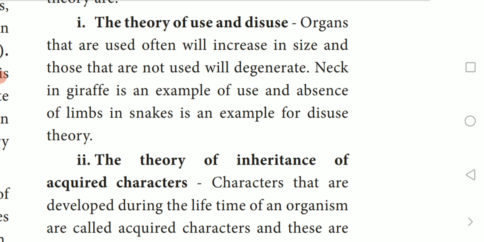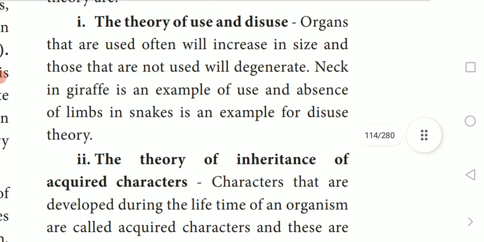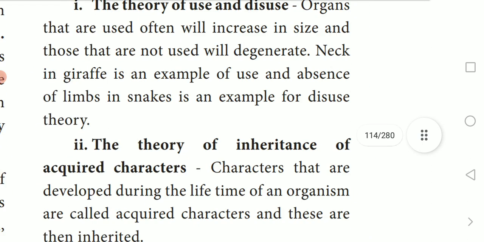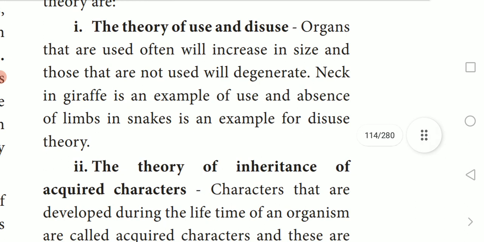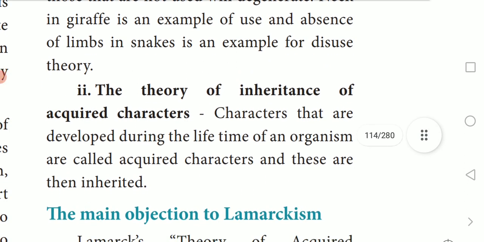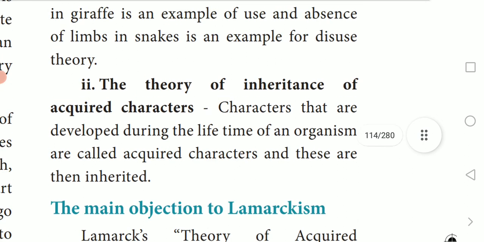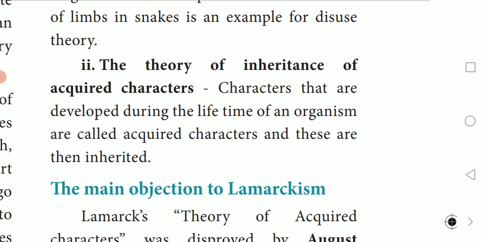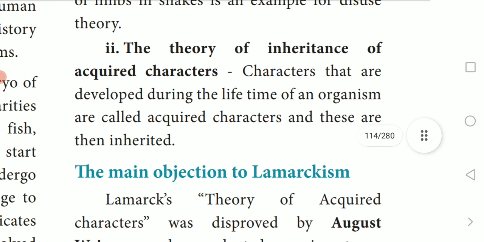What do they say here? The neck of the giraffe is an example because during summer seasons there were three different types of giraffe. One is tall neck, short neck, and medium neck. During lack of food in the summer season, the giraffe that uses the long neck finds its food item at the top of the tree, the leaves. That food can be found only at the topmost part of the tree during summer season.